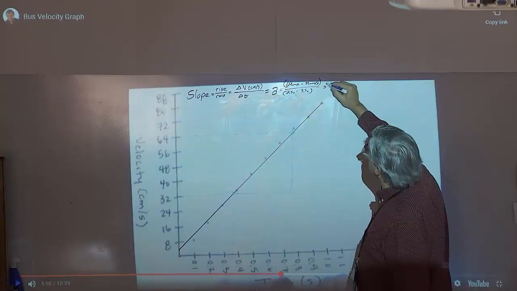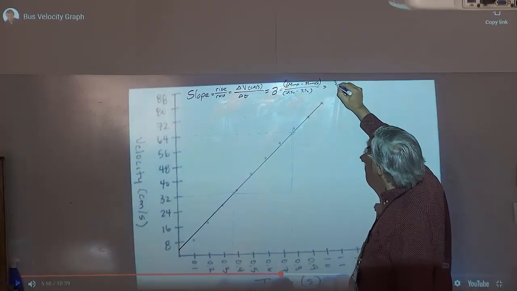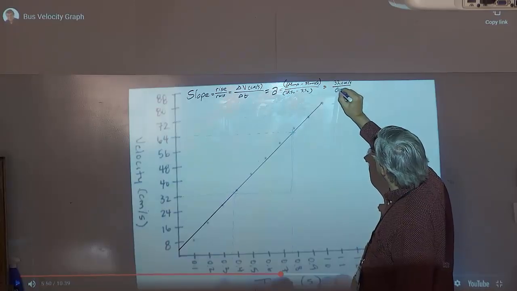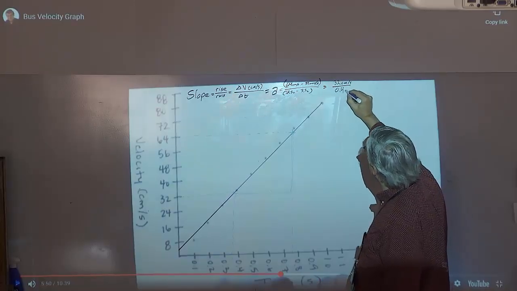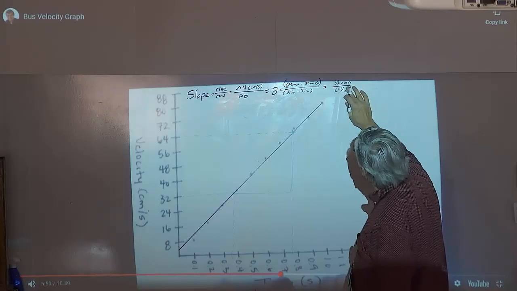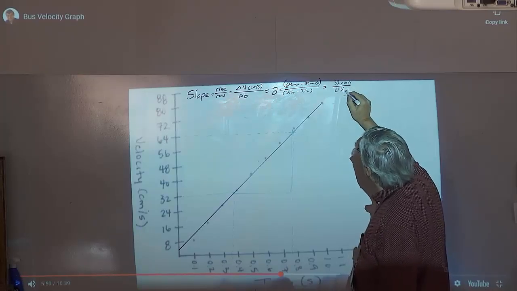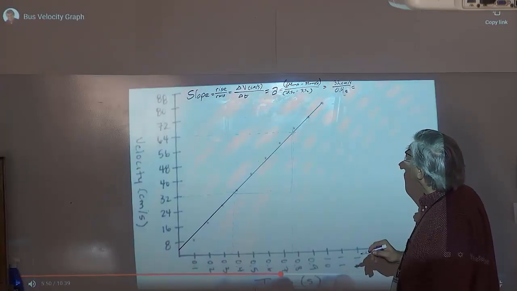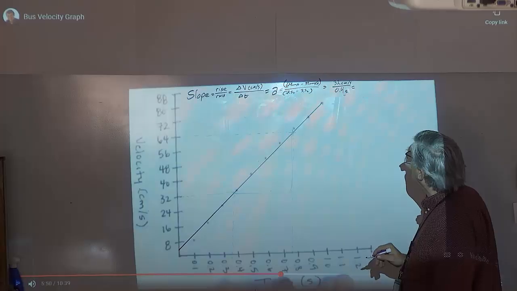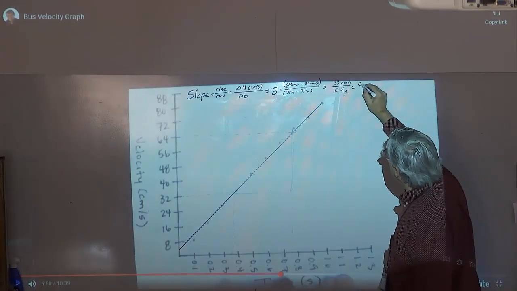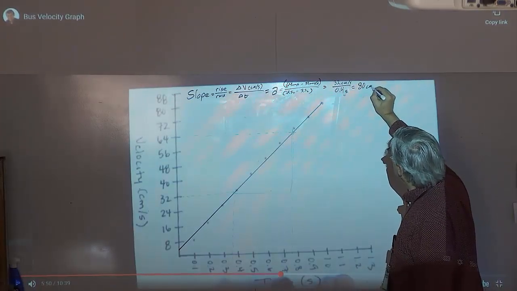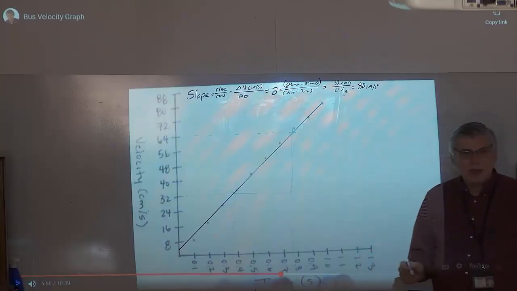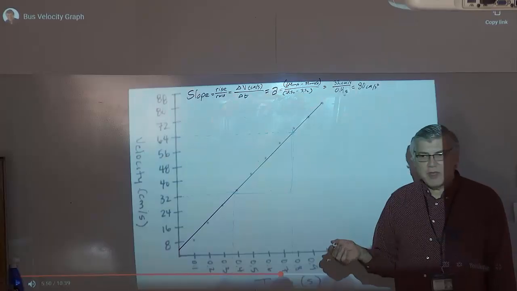Then, 64 minus 32 is 32 centimeters per second divided by 0.4 seconds. And that's going to be equal to 80 centimeters per second squared. Okay? So that's the slope of this line.